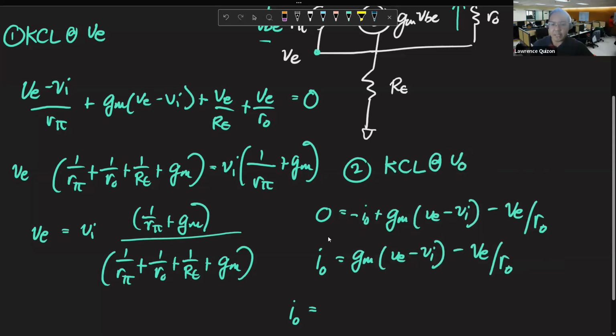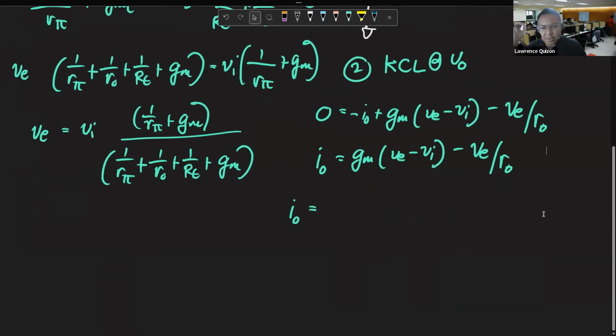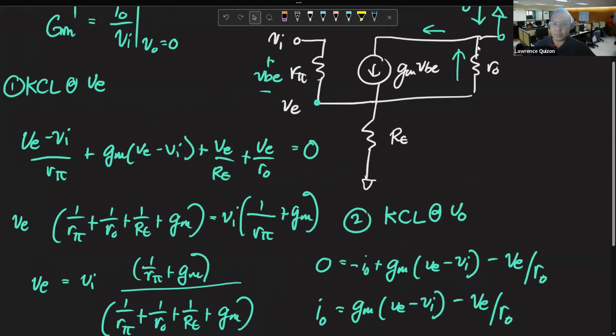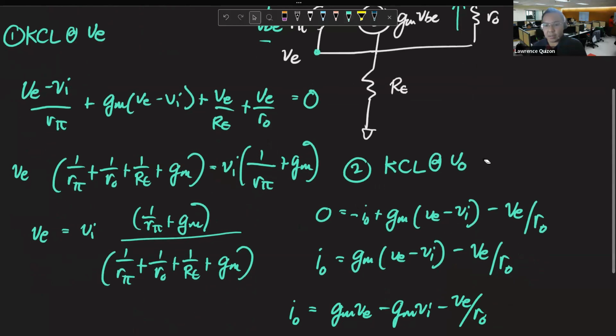Tapos, KCL at V out, again, let's separate out VE. That's GM VE minus GM V in minus VE over R out. Yan. No? So, rechecking, no? I out is equal to negative I out plus GM times, baliktad yung sign nito kaya pala.